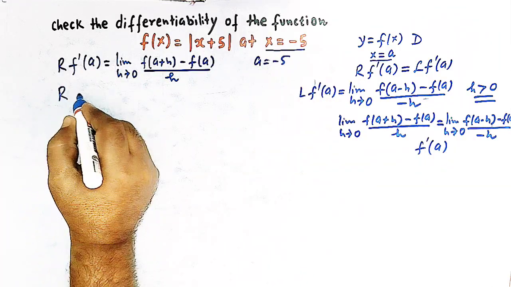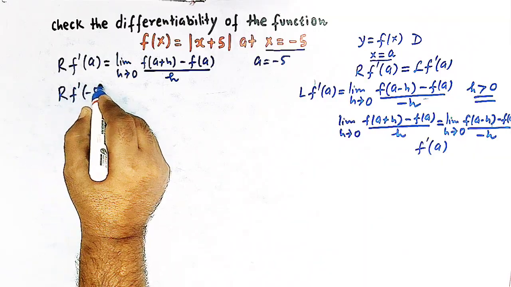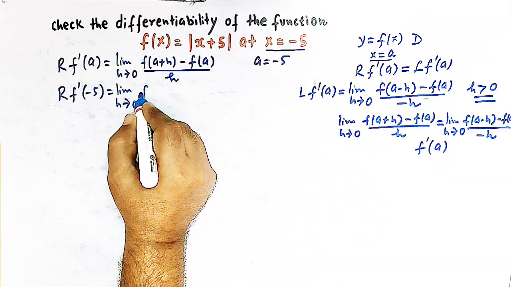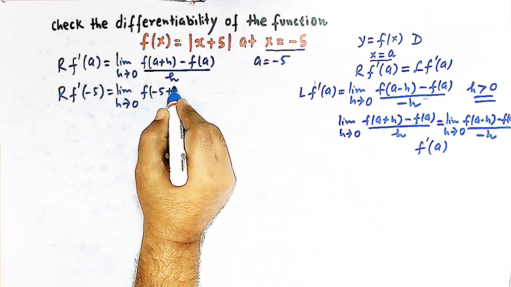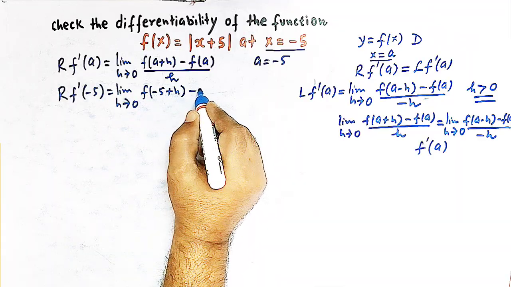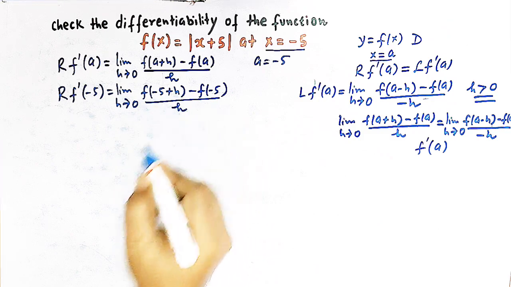So we have the right hand derivative, r f prime of minus 5, given by the limit h tends to 0 of f of minus 5 plus h minus f of minus 5 divided by h.